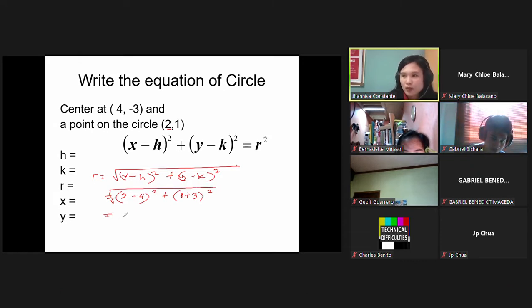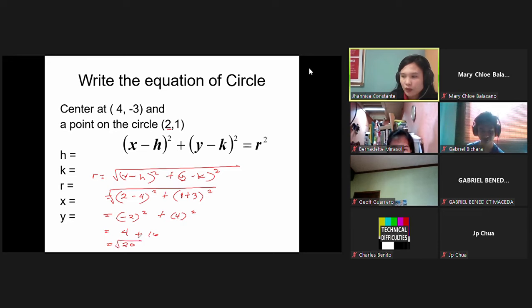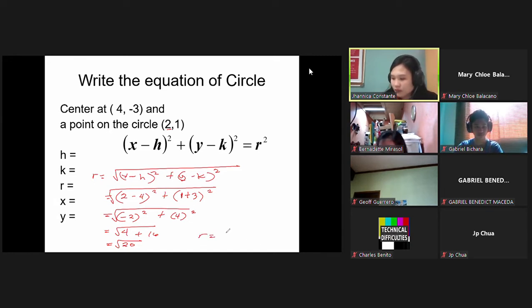So 2 minus 4 is equal to negative 2 squared, plus 4 squared. We have 4 plus 16, which is equal to 20. Square root of 20 means our radius is equal to 4.47, or 4.5.